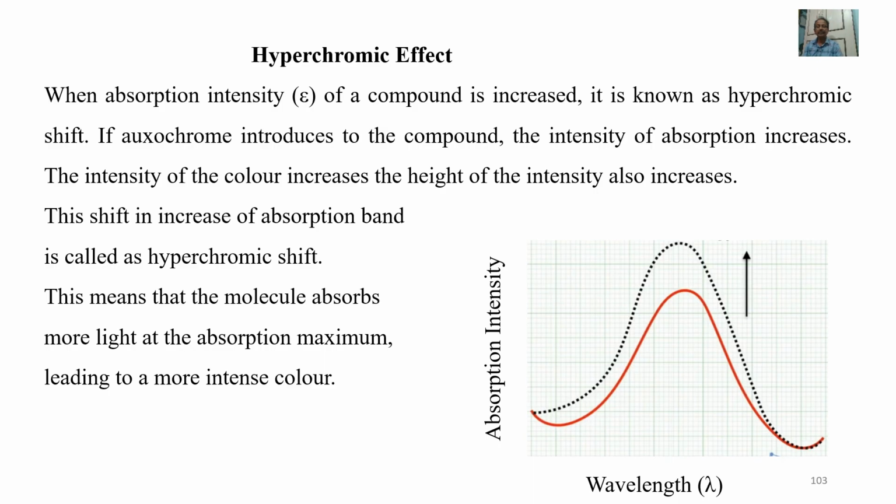This increase of the absorption band is called hyperchromic shift. This means that the molecule absorbs more light at the absorption maximum, leading to a more intense color. So this shows the increase in absorption intensity.